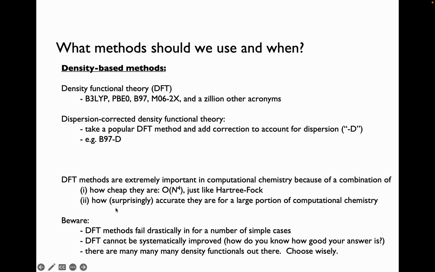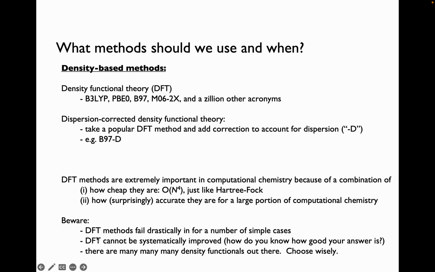Okay, so those are the good things. It's really cheap, so we can do really big systems with density functional theory. Even with Gaussian basis sets, we can do huge systems because the scaling is like Hartree-Fock, but it is often much, much better than Hartree-Fock, but sometimes it is not.